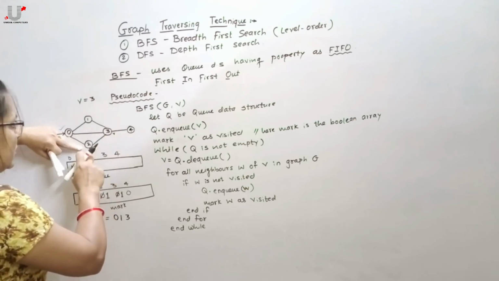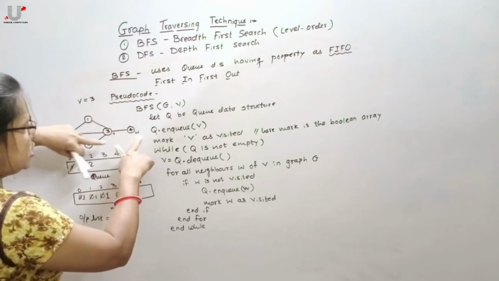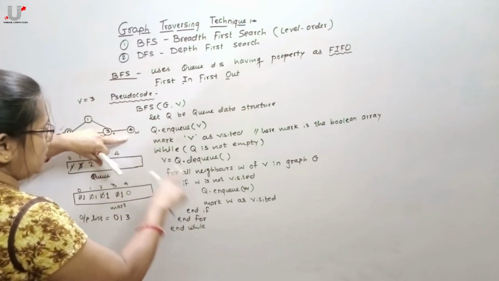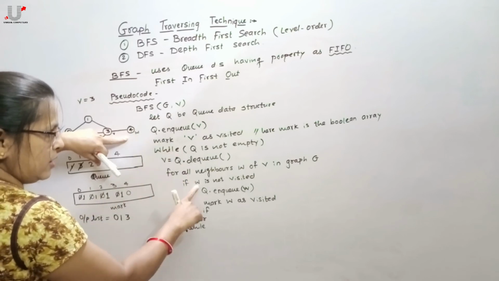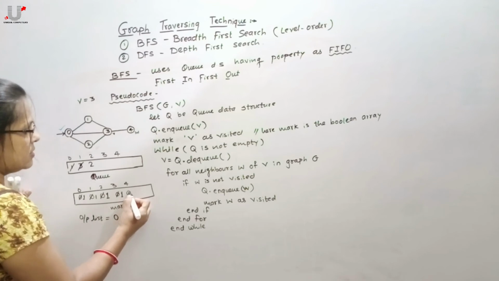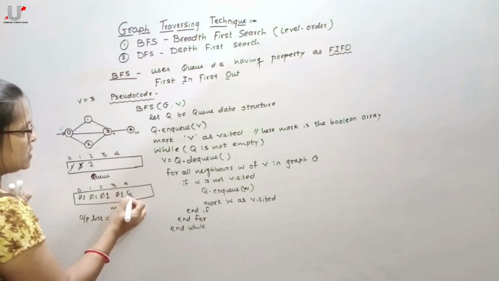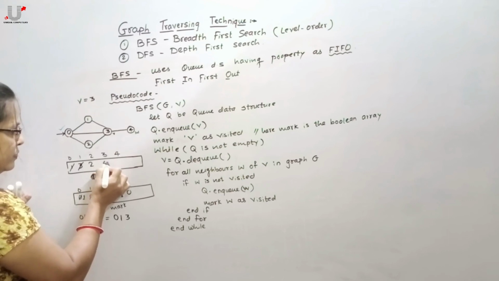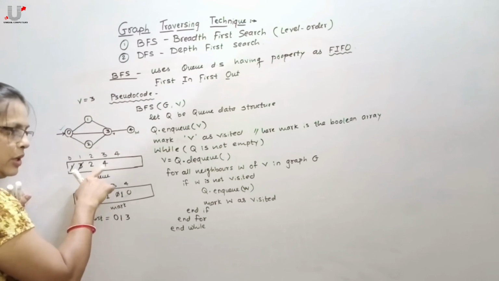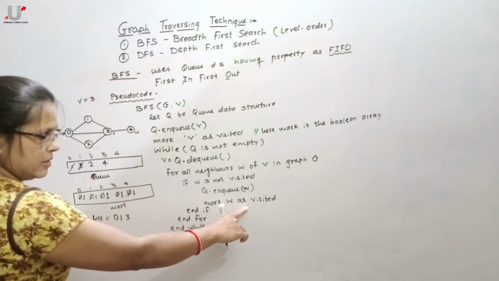Then again check the next neighbor of this 3, it's 4. Check the status of 4, w is pointing to 4. Check whether w is not visited, yes, 4 is not visited yet, so add that 4 first into the queue, and then mark that 4 as visited.